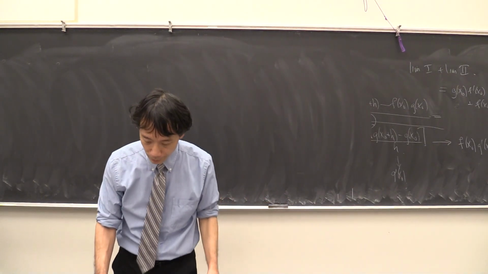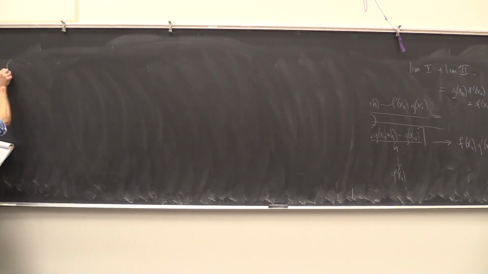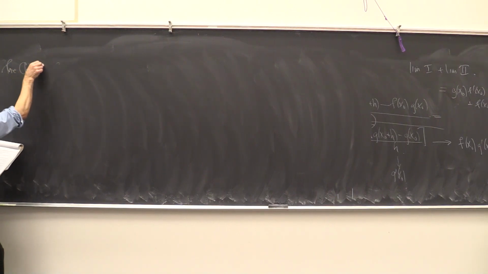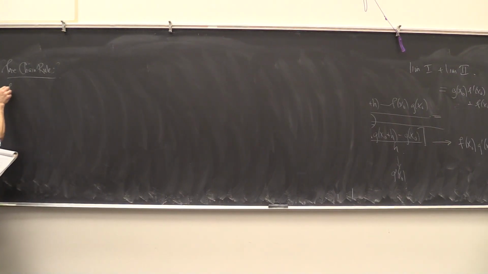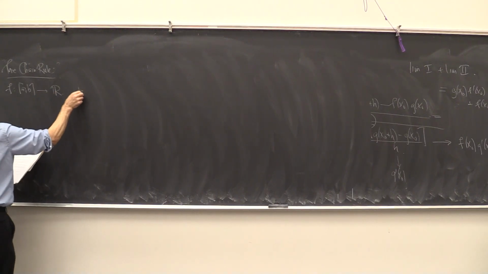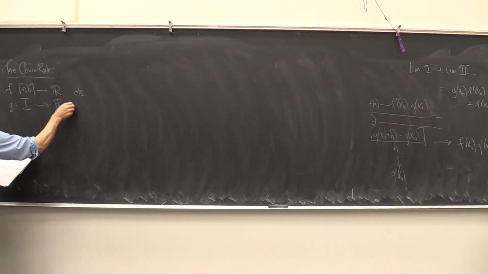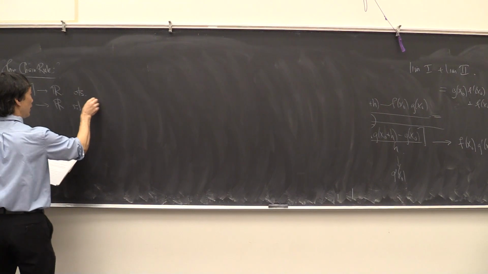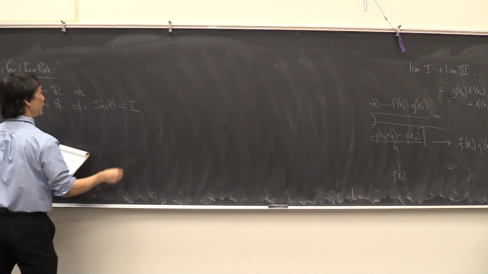Okay, let's go on now to the chain rule. So you have a function f that's continuous, and you have a function g such that the image of f is contained in the domain of g.